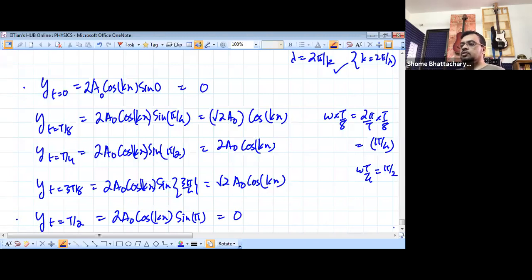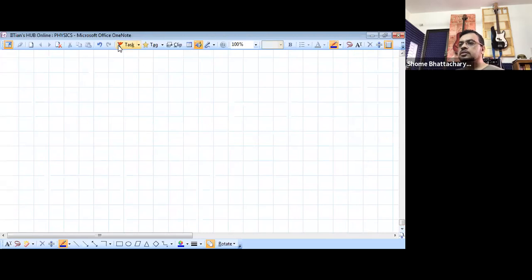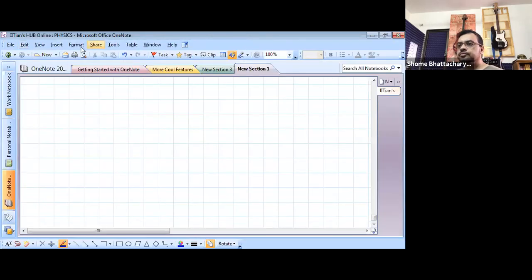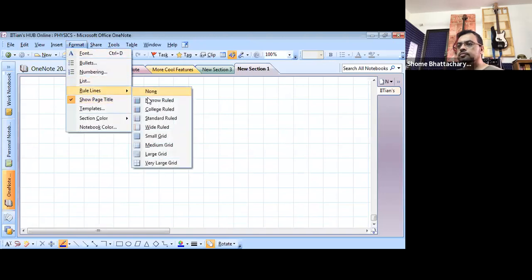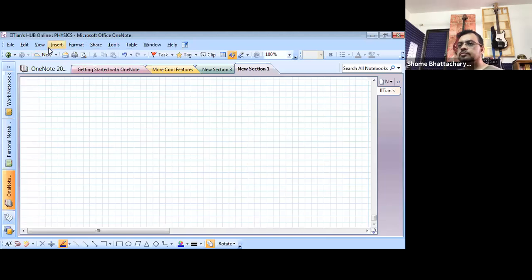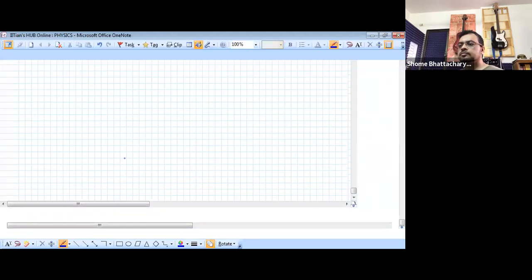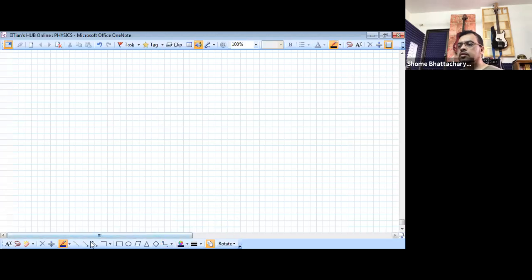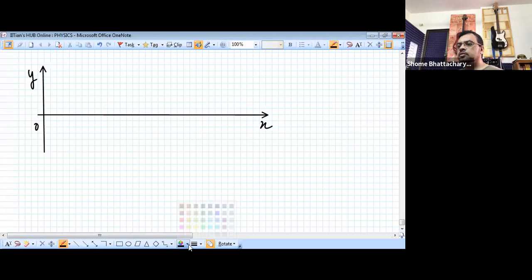Okay. So if you plot this series of things, if I plot y versus x at various different times, for example at t equal to 0, I would have seen that the shape of the medium is just this straight line.